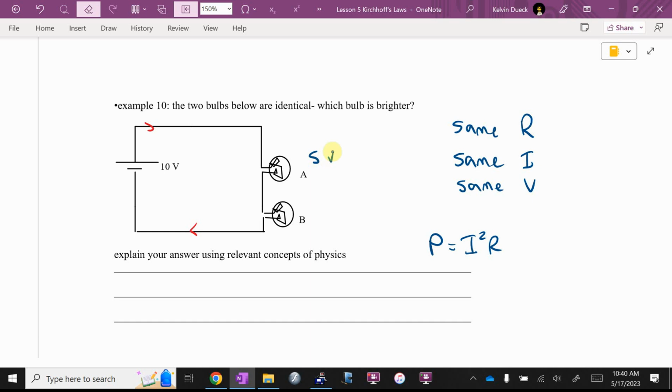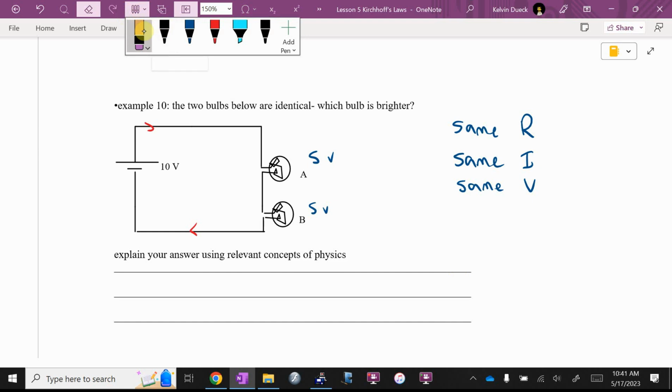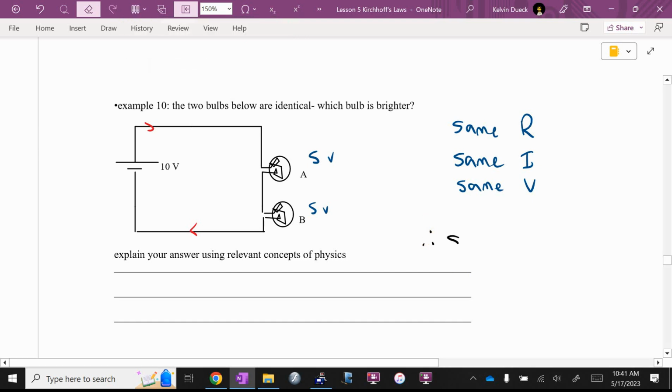Each one of these is using 5 volts. There's your 10. And so then you could say, therefore, same power equals VI. But you could have even gone straight to I squared R once you knew that R and I were the same: same power, same brightness.